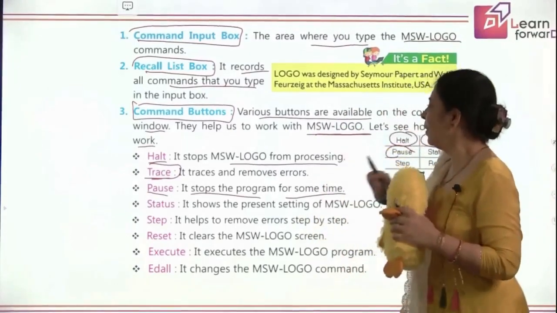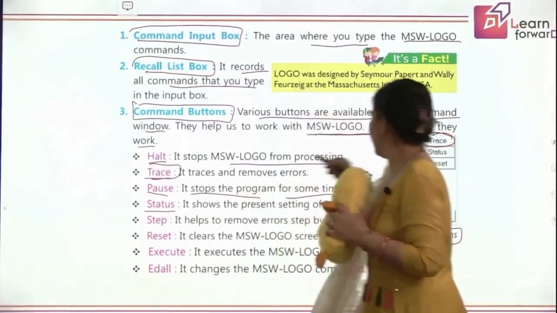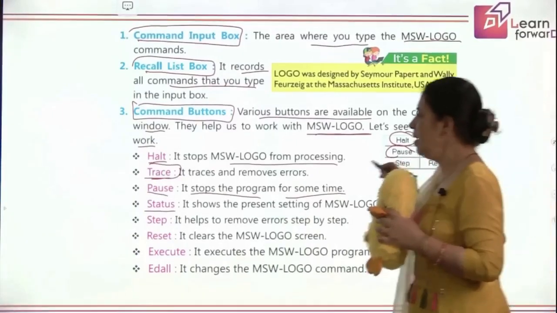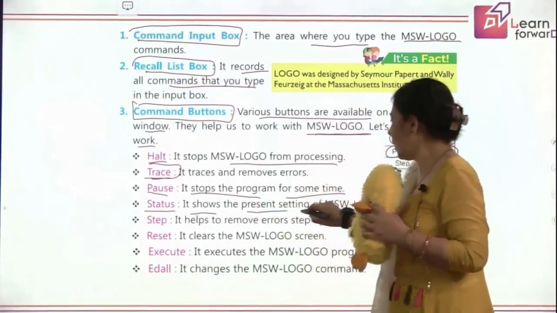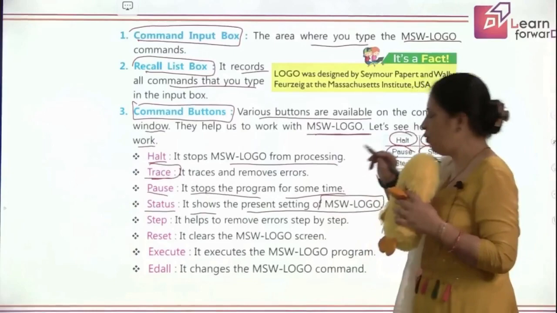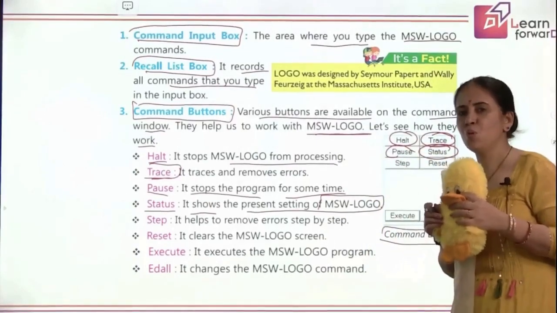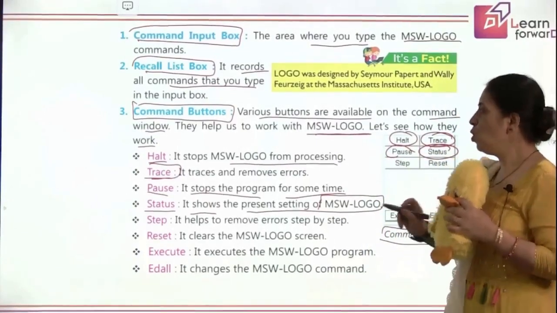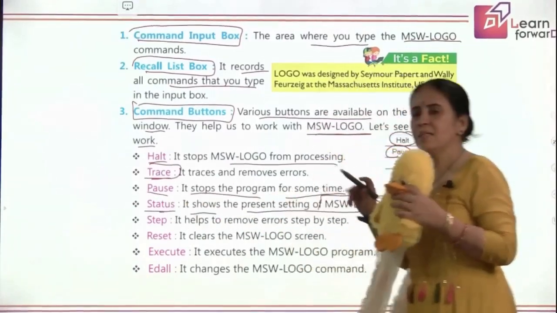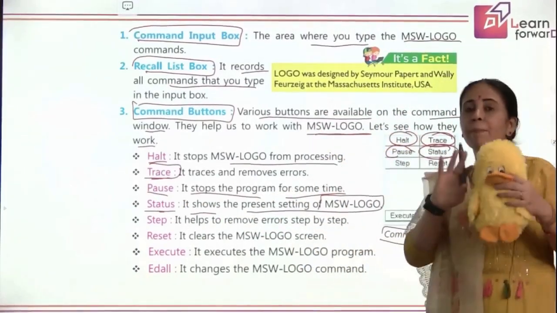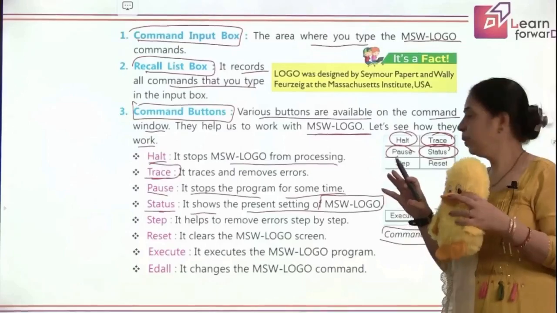Good. Now, what is status button? We have another button that shows the present settings of MSW logo. So, the role of status button is it just shows you what is the present setting of MS logo. Okay.